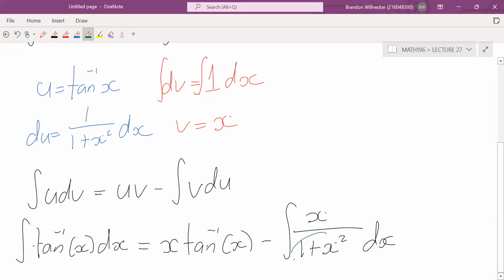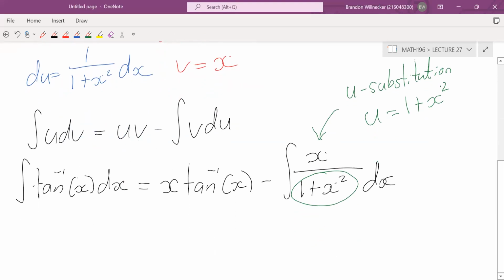And this over here is just a u substitution problem, with u being equal to 1 plus x squared. Okay, we did something very similar to this before.